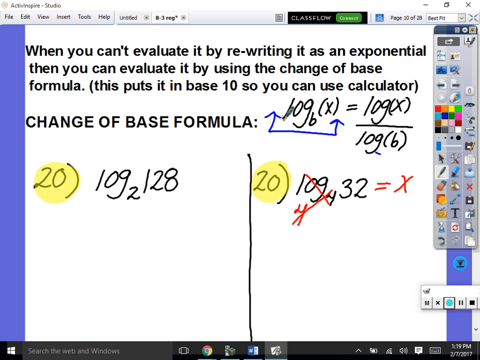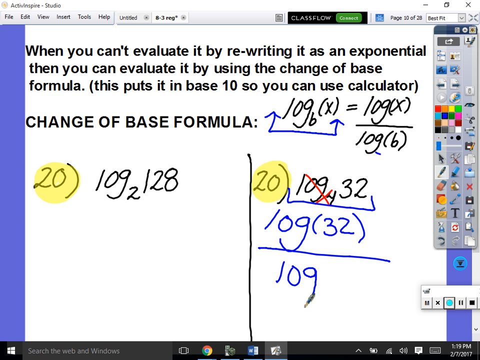So look, log base 4 of 32. We tried to evaluate it the way we've learned before, but it didn't work. So instead, we're going to use the change of base formula. We can rewrite this as log of 32 divided by log of 4.